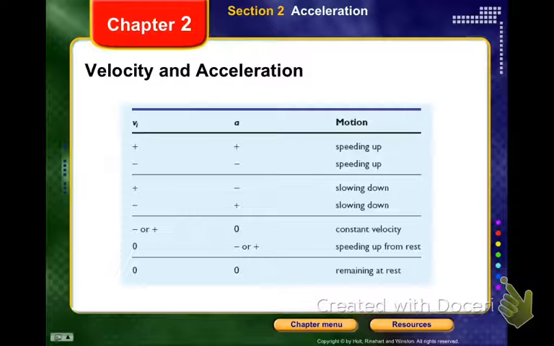Obviously, the easiest ones to look at are, if velocity is positive and acceleration is positive, then you're speeding up. If velocity is positive but acceleration is negative, then you're slowing down. And then this one at the bottom, if velocity is 0, acceleration can also be 0, then you remain at rest. So take a look at those before you try to answer some of your homework.